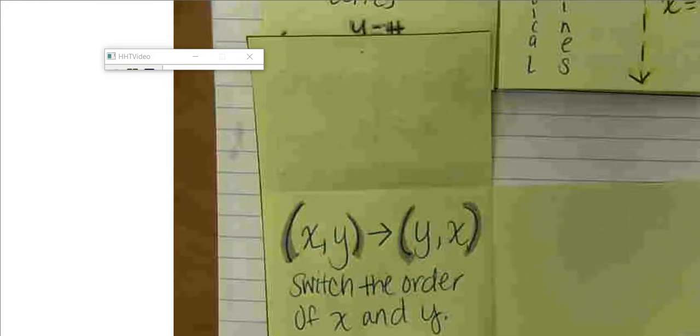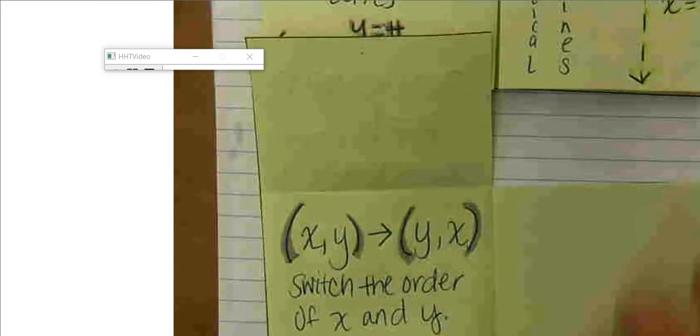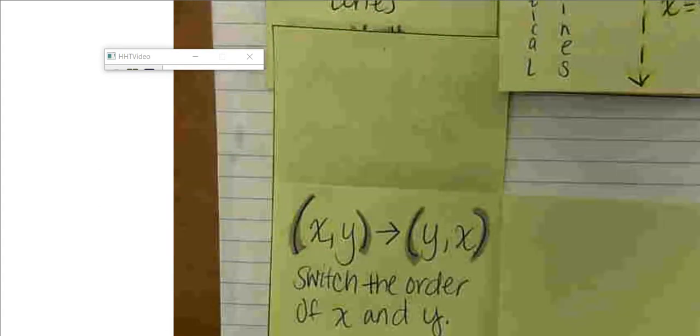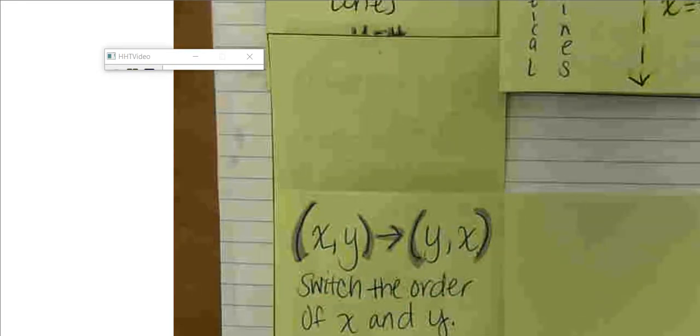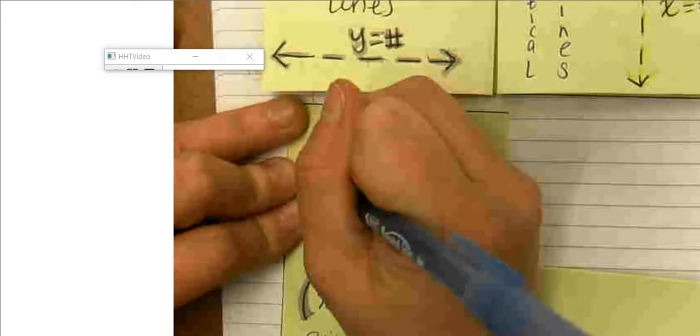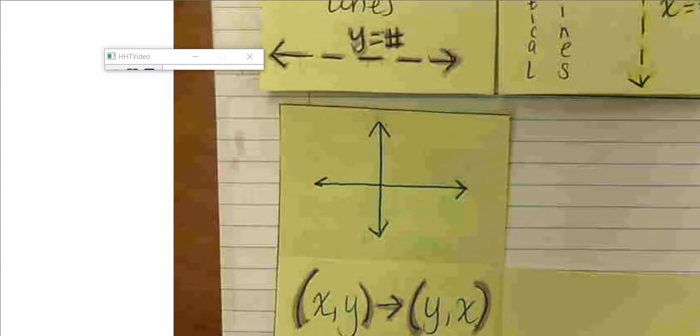So in the event that you are reflecting across a diagonal line of y equals x, and I'll draw a picture for you in just a second, the rule that you will follow is that xy changes into, remember that arrow means changes into, y comma x. So what that looks like is this. I'm going to draw a coordinate plane, and I'm going to sketch the reflection line of y equals x.